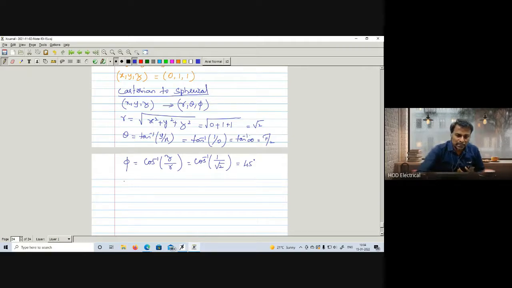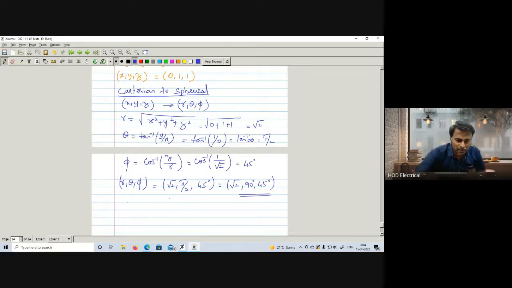So we can write r, theta, phi as root 2, pi by 2, 45, or otherwise we can write root 2, 90 degrees and 45 degrees.